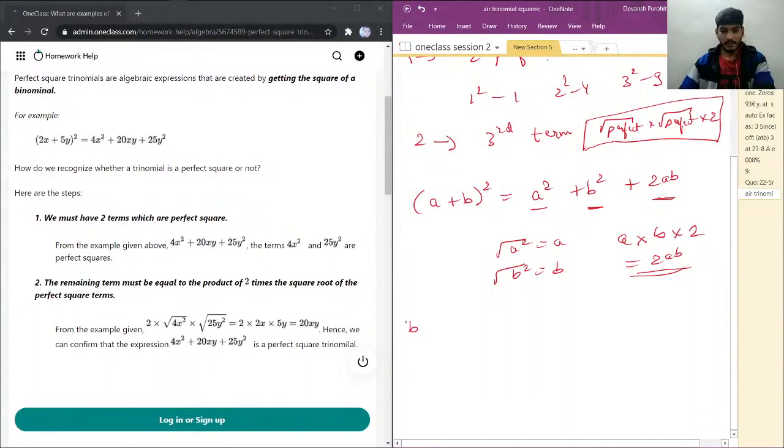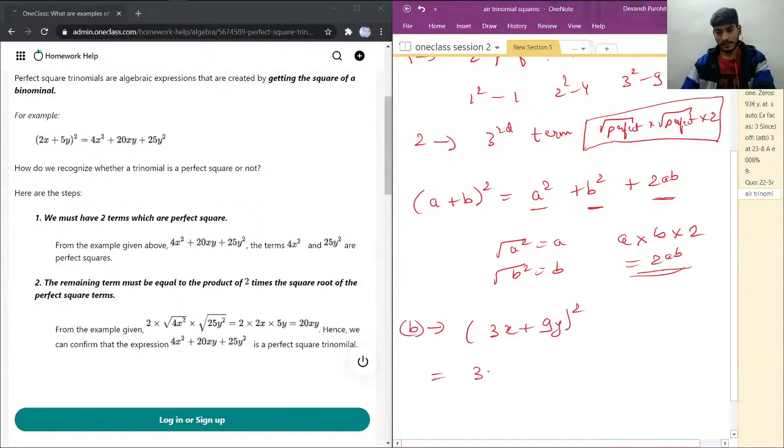Let's take one more example. Let's take (3x + 9y) whole square.